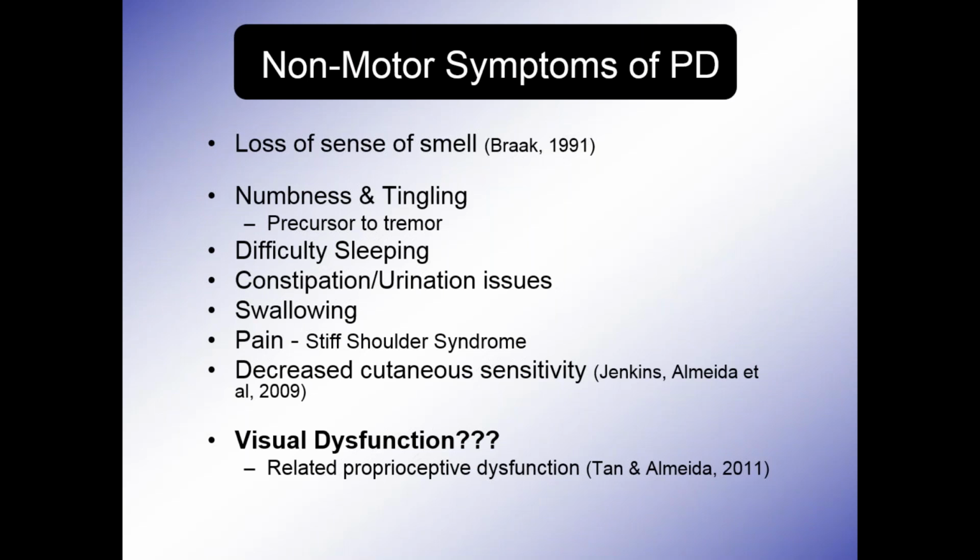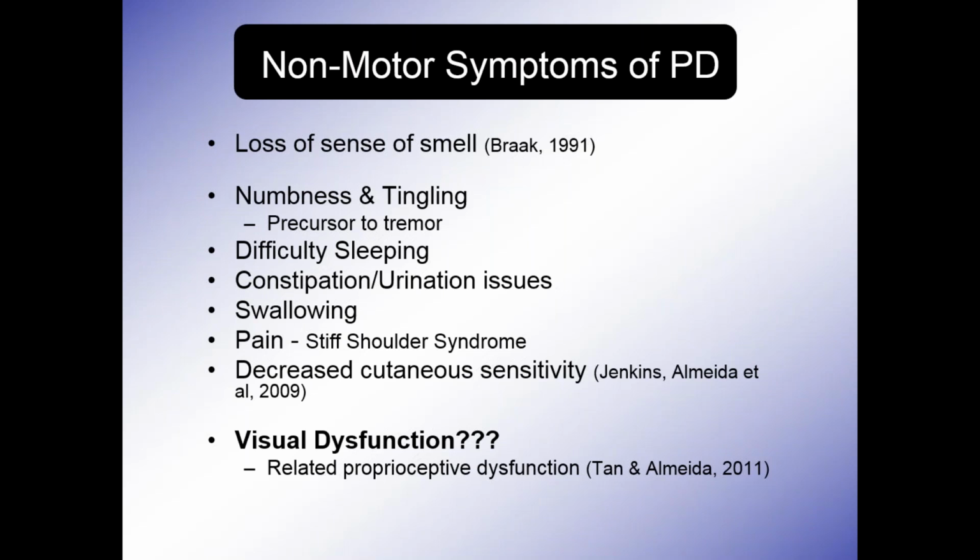Pain is a common symptom. Often we'll have former football players or athletes saying, "Oh, I've had a stiff shoulder for many years before Parkinson's," and in fact, sometimes it actually is not an old sports injury, but actual Parkinson's disease.